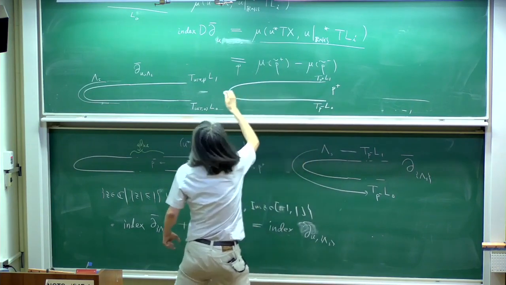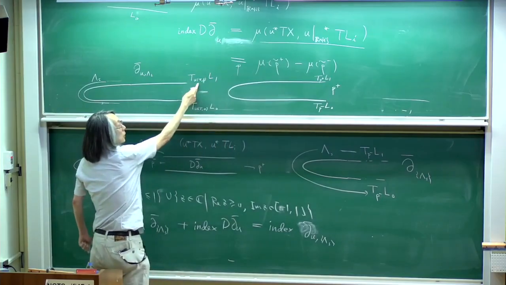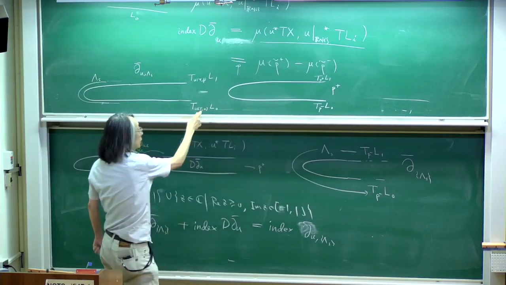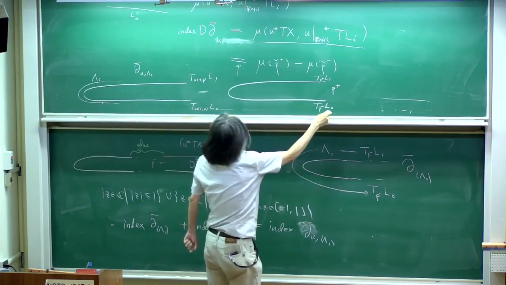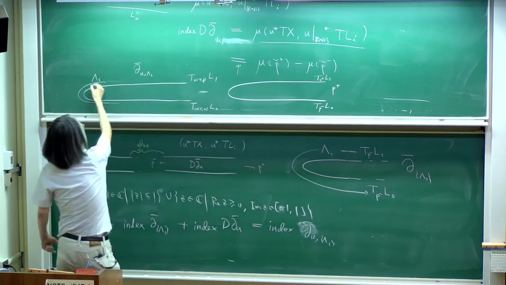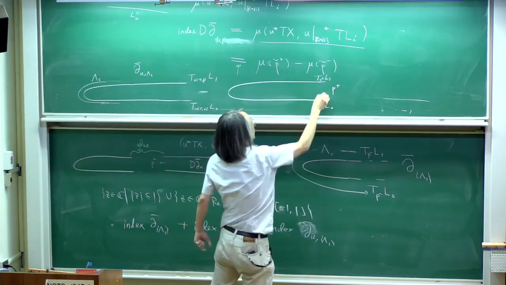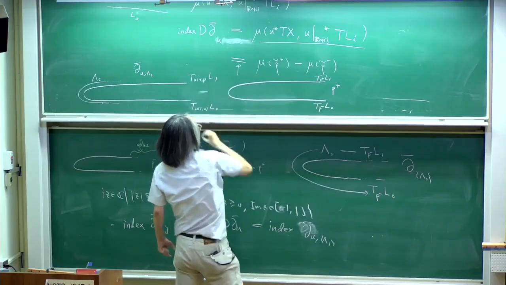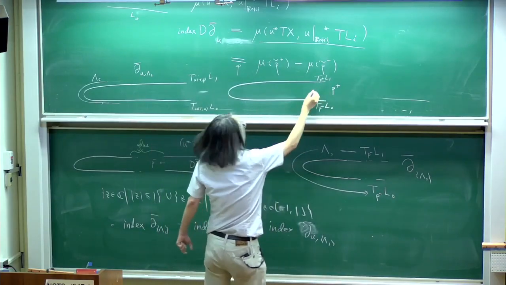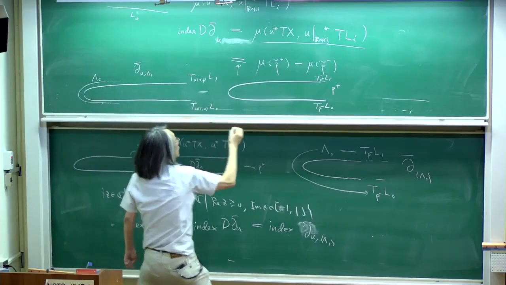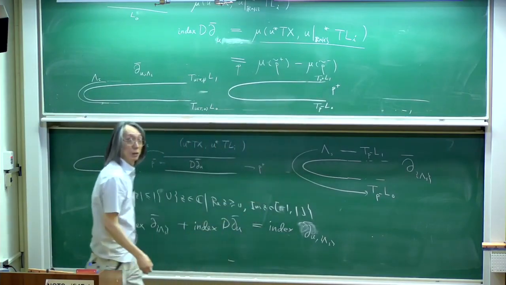And then if tau goes to plus infinity, this one certainly tends to this, and as tau tends to infinity, this one tends to this. So therefore, the endpoints of this path are very close to this. So we can actually construct from this path some path like this.